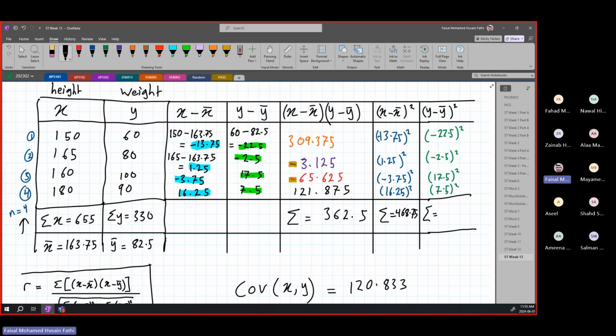Okay, for the first one, when you add them all up. So the second one is going to be for y, negative 22.5 squared plus negative 2.5 squared plus 17.5 squared plus 7.5 squared, which is 875.